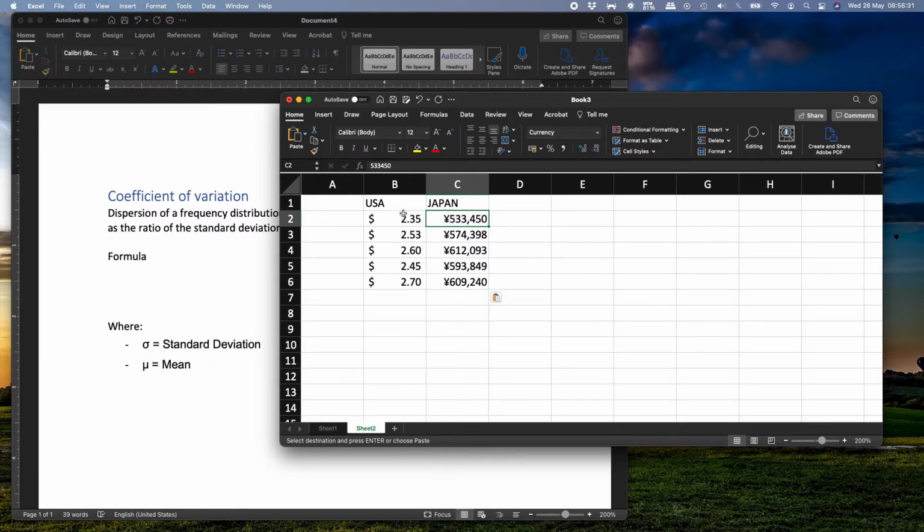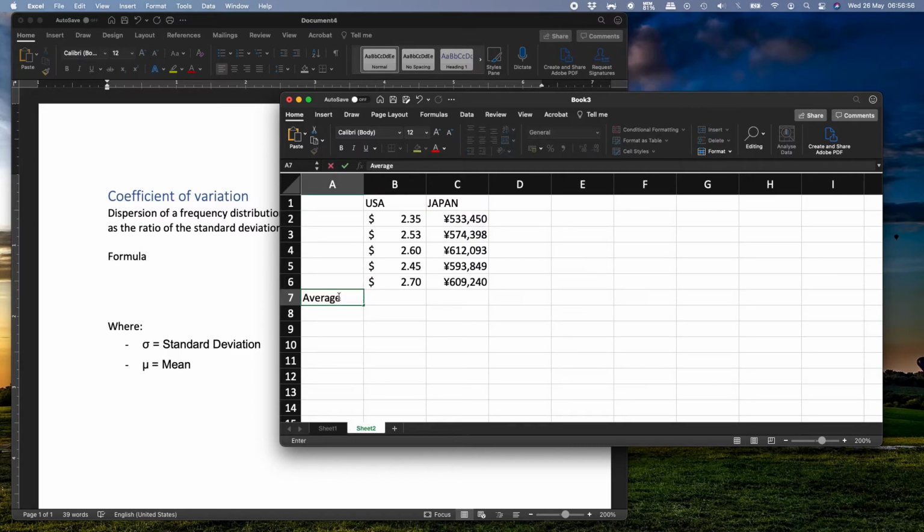But it's an estimate. So in Japan, 1 gallon is 533,450 yen. And then it goes on from there, between 533 all the way up to 612,000. You know, and in this case, the lowest one is 2.35 and the highest one is 2.7, right? So let's calculate the average first.